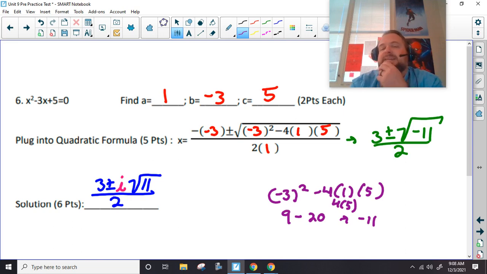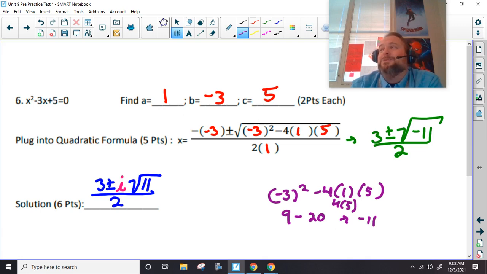Are we good on number 6? Again, how many points are these type problems? 17. Yes, that's an i.